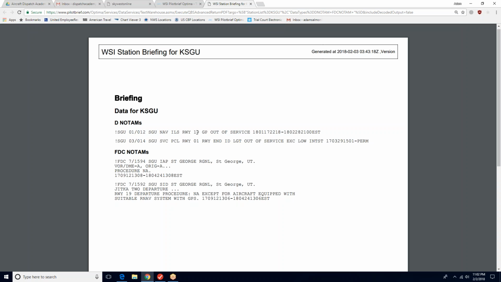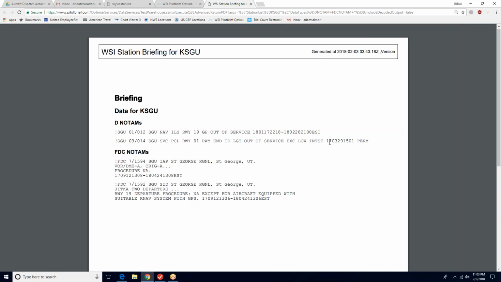So pilot controlled lighting, runway 1, runway end, and the ID just identifier or identification lights. LGT stands for lights, out of service. And then EXC stands for except, then low intensity.